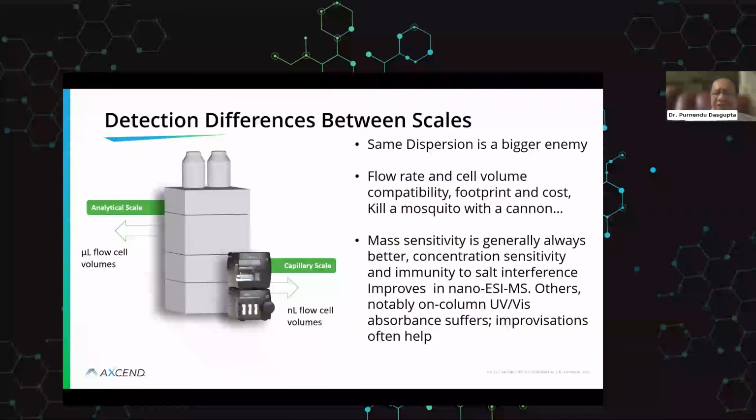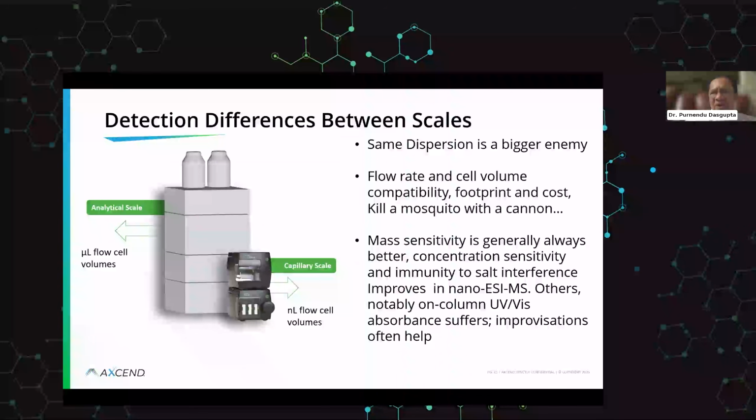So the detection differences between the scales is that every point of connection, whether it's injector to the column to the detector, they are all sources of dispersion. In the macro scale, it's not so much of a problem.